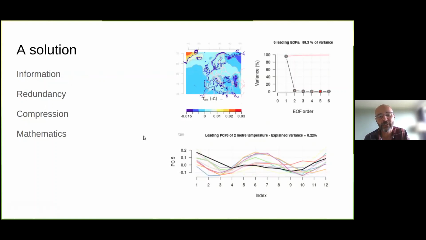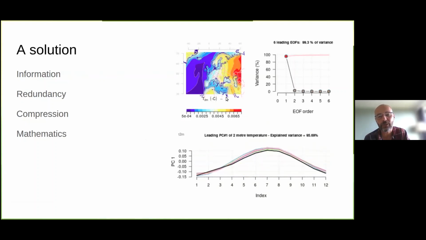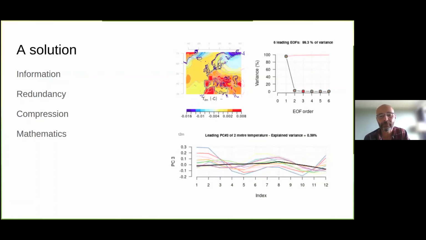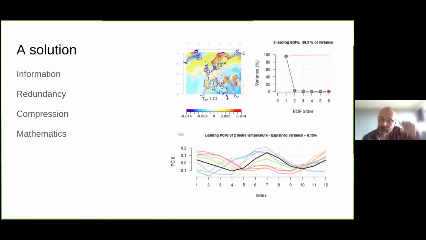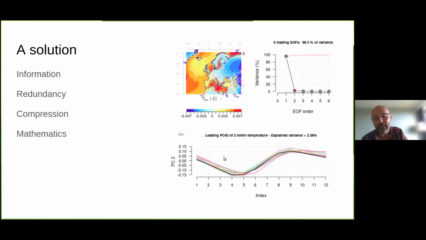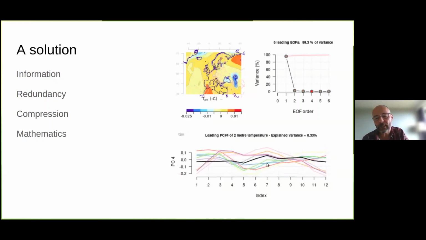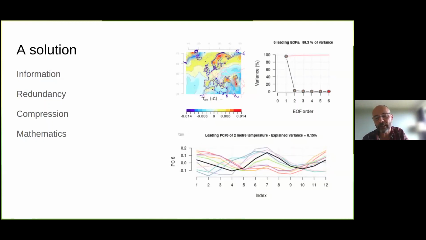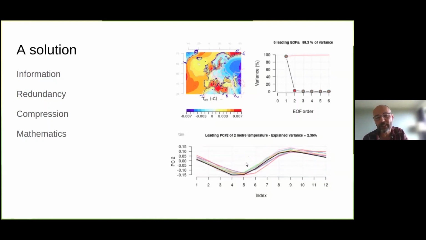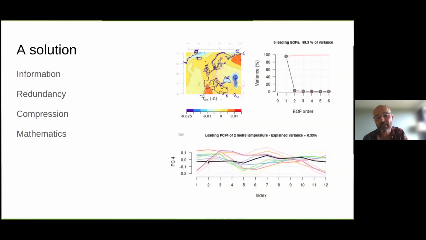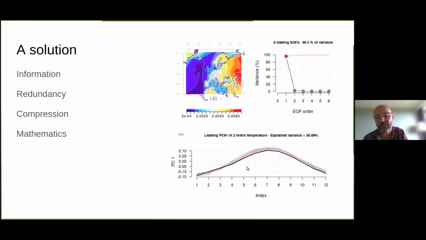This is a different example, but I just want to show this in a clear way. And the bottom here are the time series, or the indices that explain how strongly these different maps are present at any time.